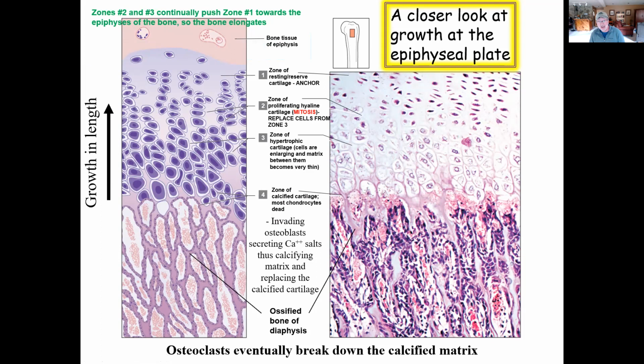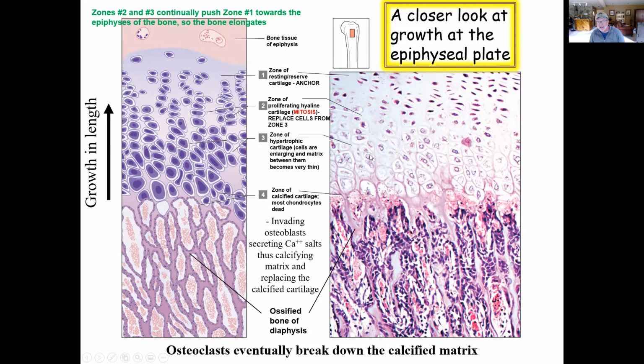Now let's look what lies beneath that second zone. We have actually 2 zones. We have this zone of hypertrophic cartilage, and you can take a look at how these cells are a little bit larger in size, they're closer together. That's also denoted here in this histologic stain section.